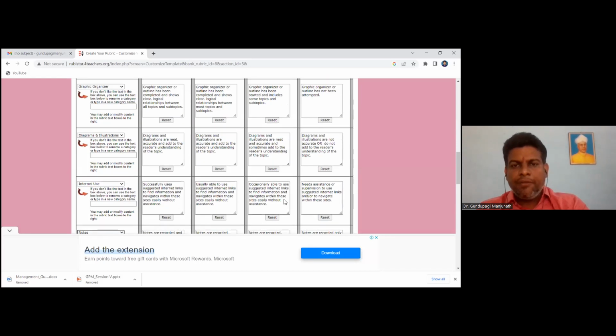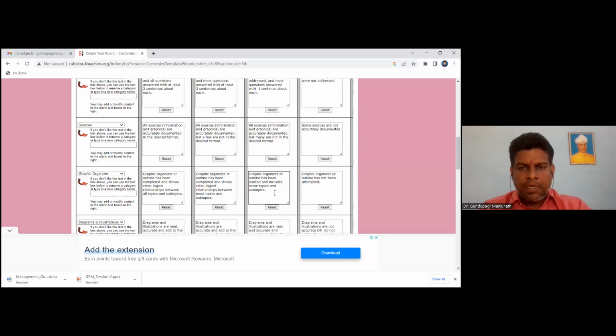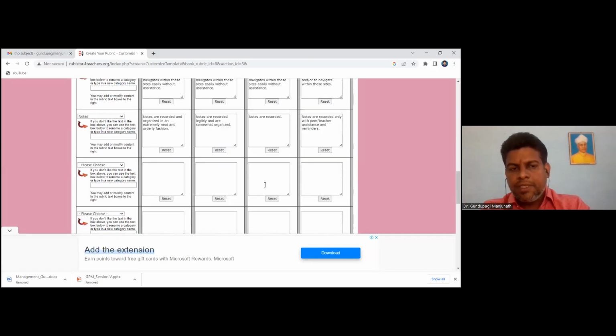So I have selected, and if you want to modify also, you can add some content. Say for example, graphic should be own. So like this I can add, and I can distribute this rubric to all the students.